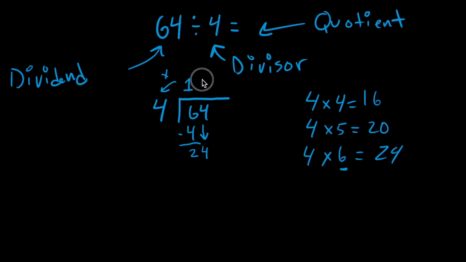So I'll write 6 right up here above the long division symbol. And then you multiply 6 times 4. That gives you 24. And then you subtract 24 minus 24 is 0. And so your answer will be 16. Easy.